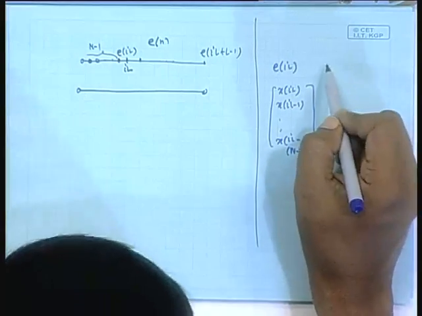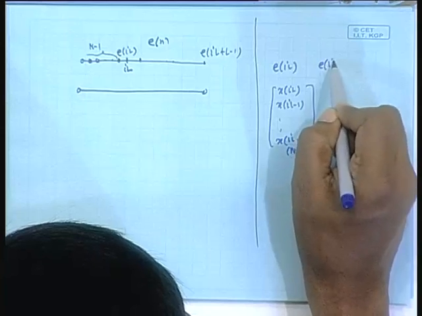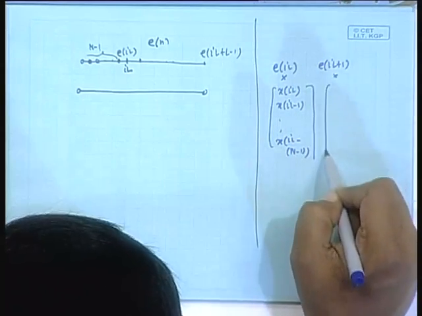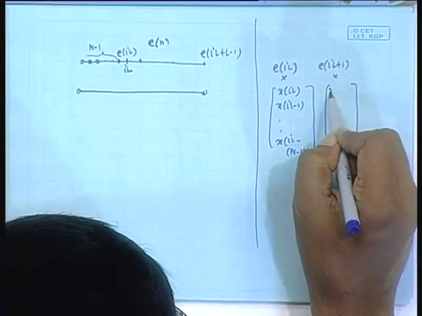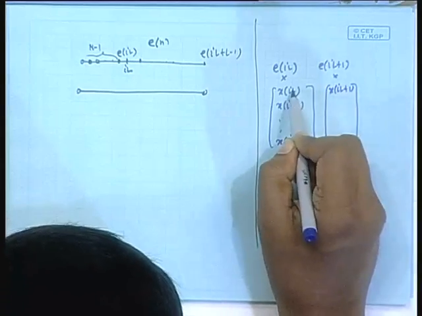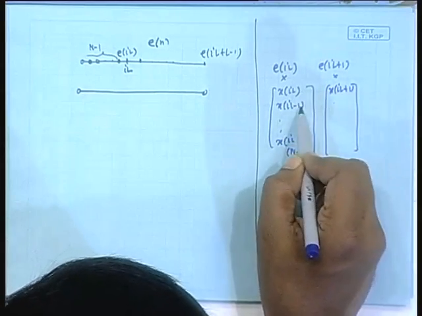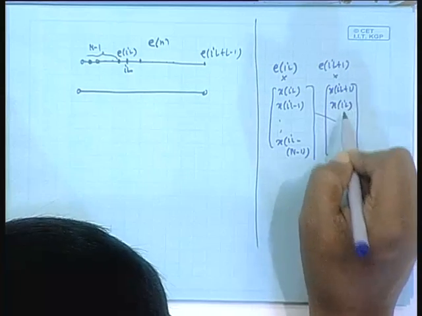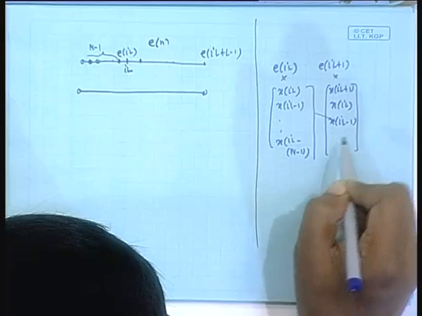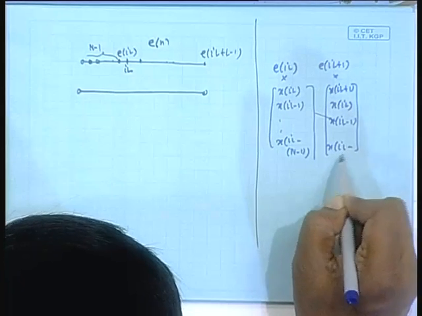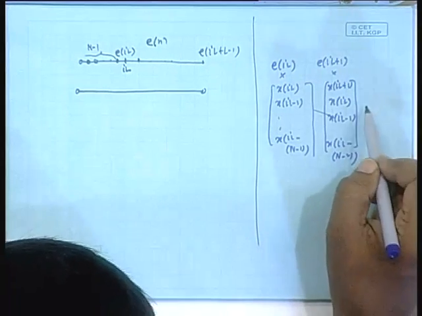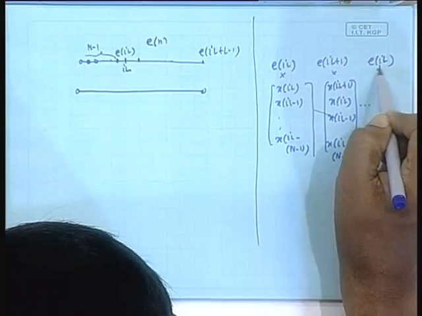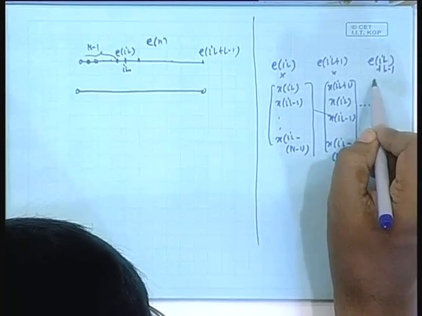Then EIL plus 1 is multiplying this vector. This is going one further, coming down like this. You can see this diagonal movement. Dot dot dot, here it will be again one less. Finally, EIL plus L minus 1, the last one, will be multiplying whom?